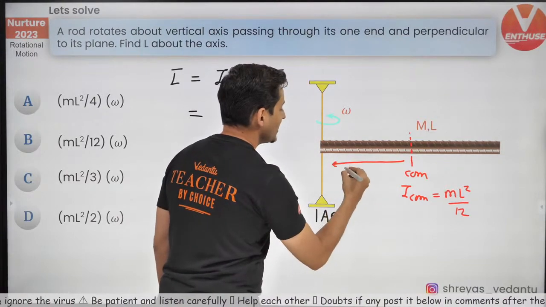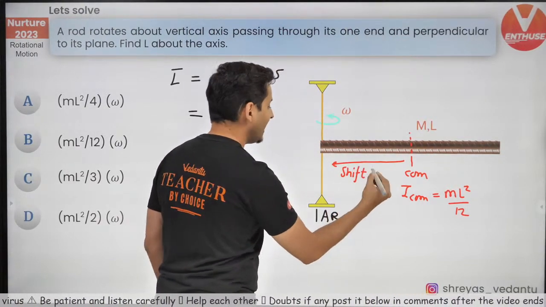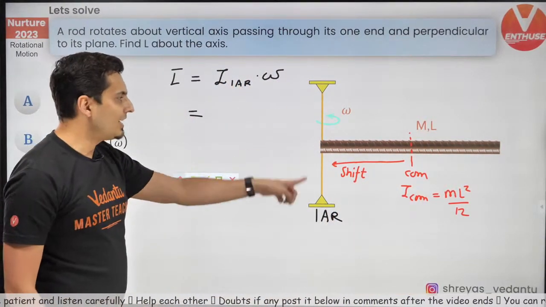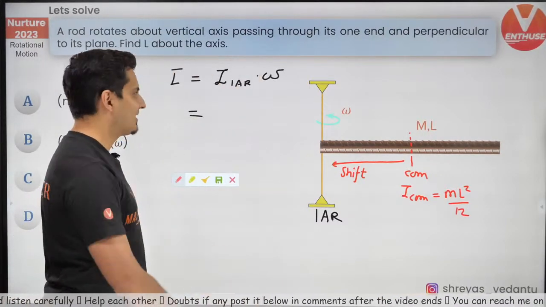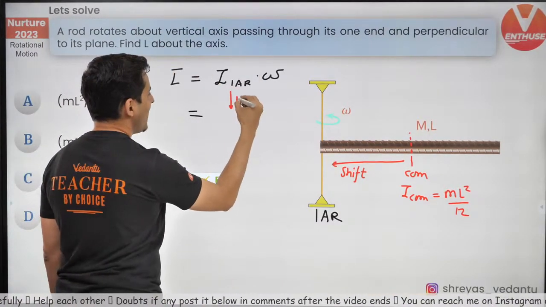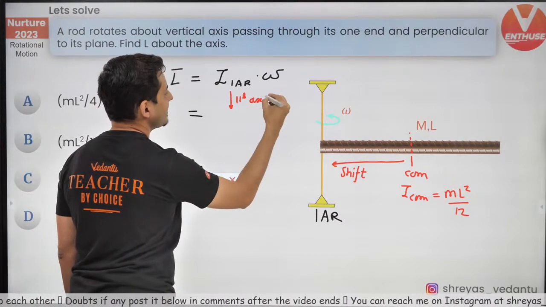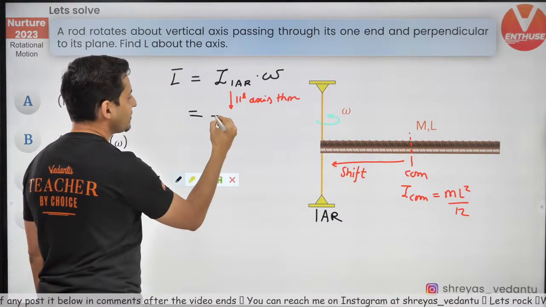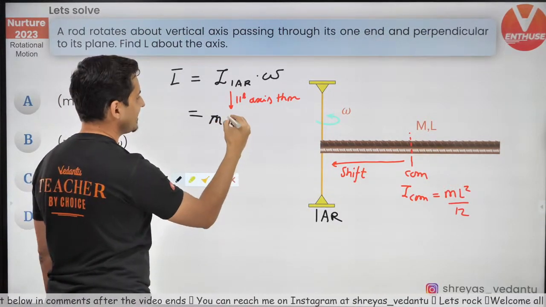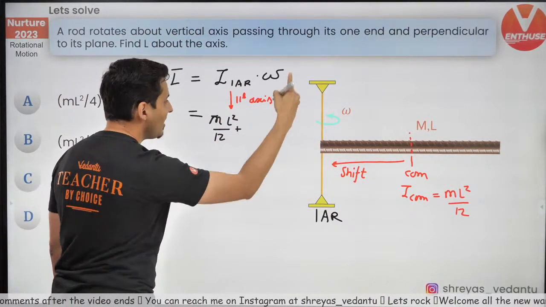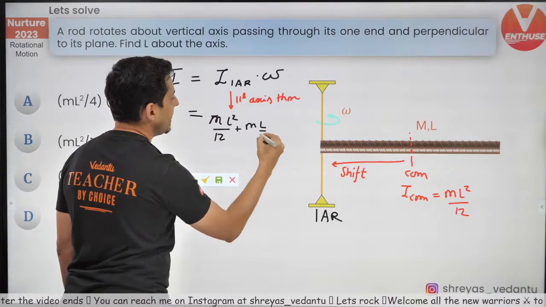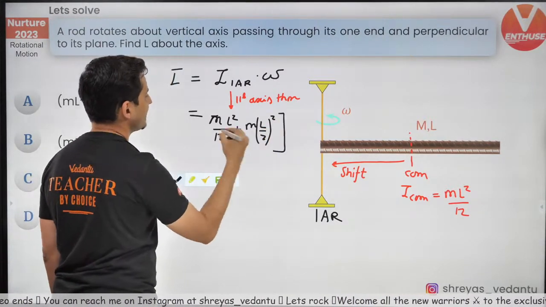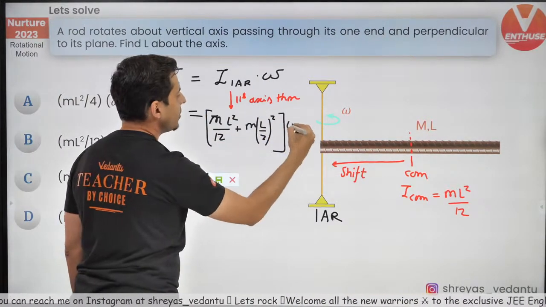So I need to shift it to the end and use the parallel axis theorem. Yes, parallel axis theorem. That's why I taught that to you in the first class. So it's moment of inertia about center of mass, which is ml square by 12 plus m(l by 2) square. So that's your moment of inertia into omega.